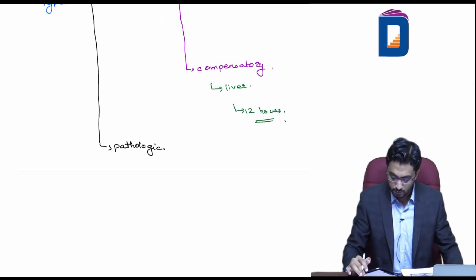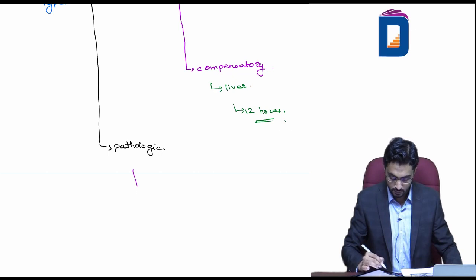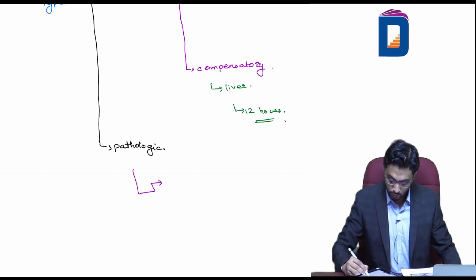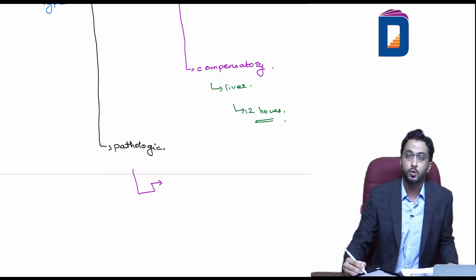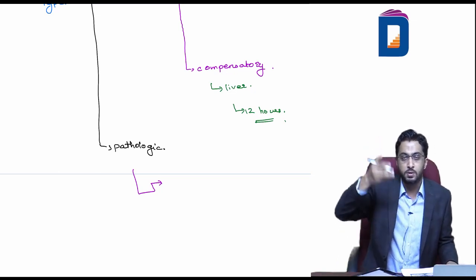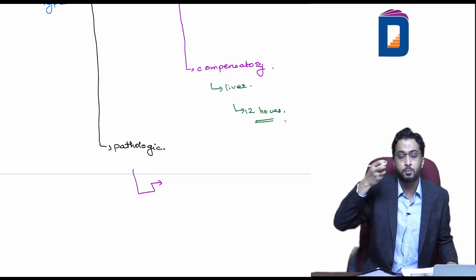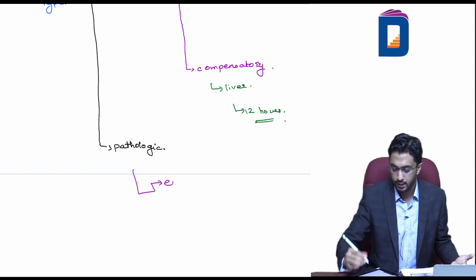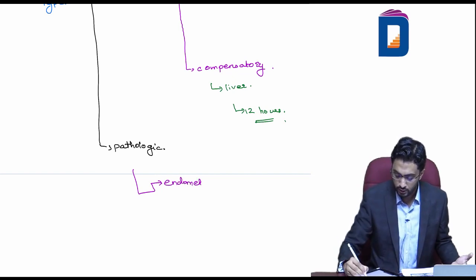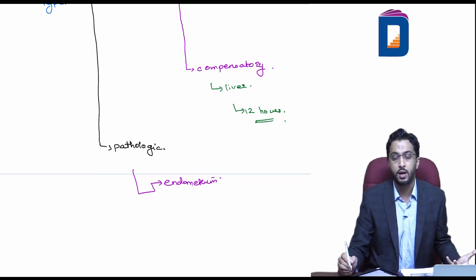Now when it comes to pathologic, there are different examples. One typical example is, during menstruation, the endometrium of the uterus gets proliferated, and proliferation is basically hyperplasia.